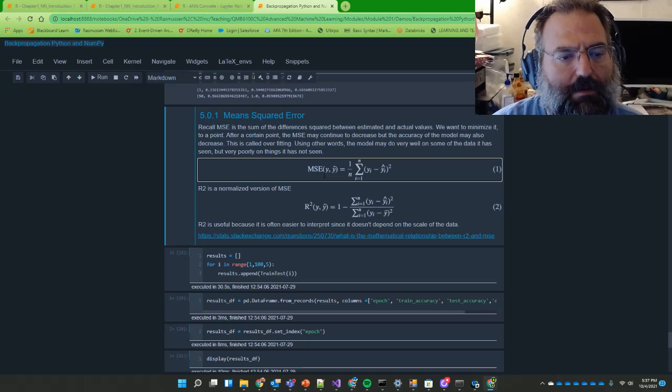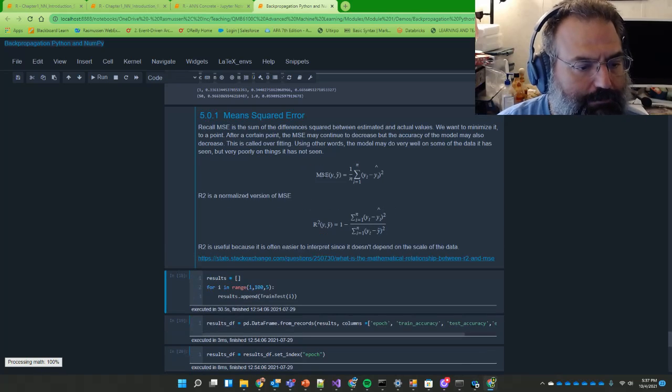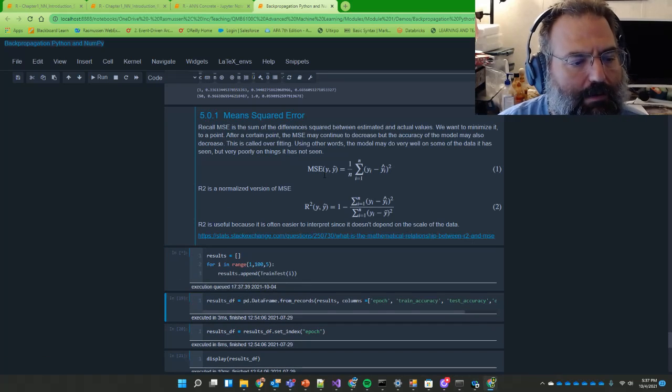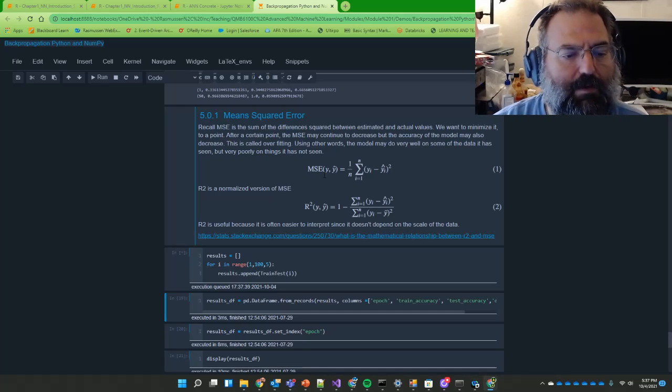This is talking about how you calculate mean squared error, and that R squared is the normalized version of the mean squared error. And then what I'm doing here is running from 1 to 100 different epochs. So this would take quite a while if I let it finish.